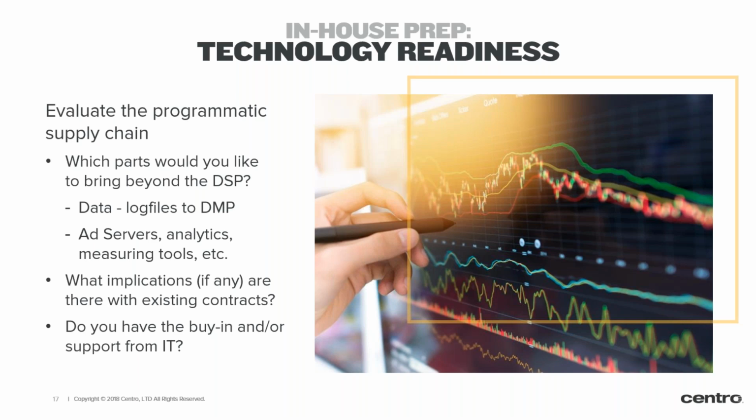Do you have an existing relationship? How will they integrate with the DSP? Is there an existing integration in place so it's a little bit more streamlined, or is that going to be part of the process? What about other measurement and analytical tools that may make sense to incorporate as you build out your agency's tech stack?